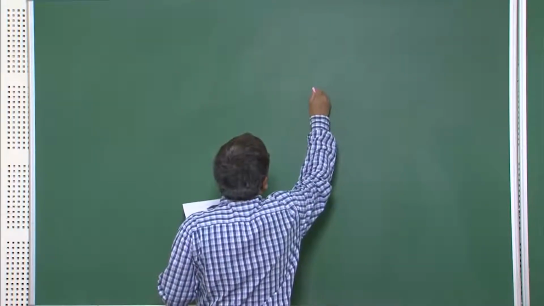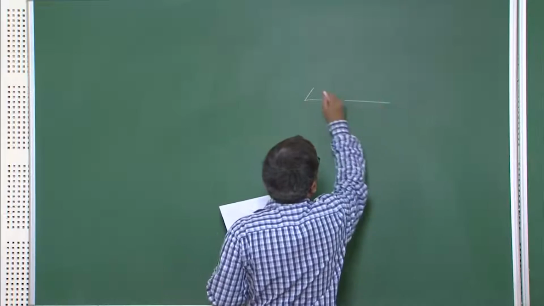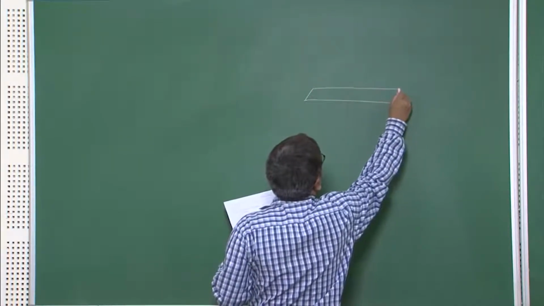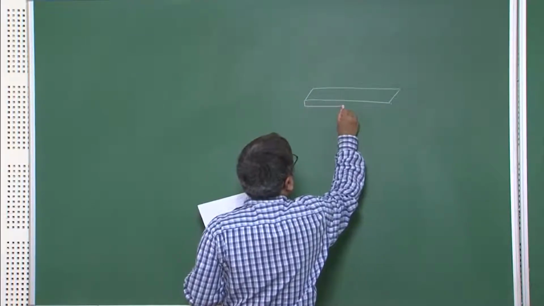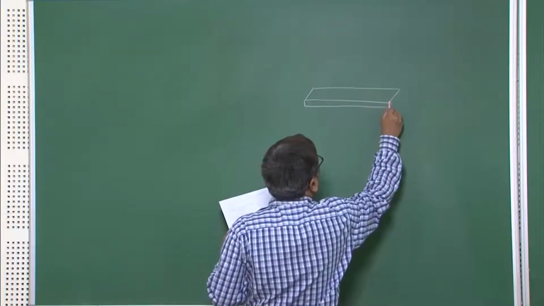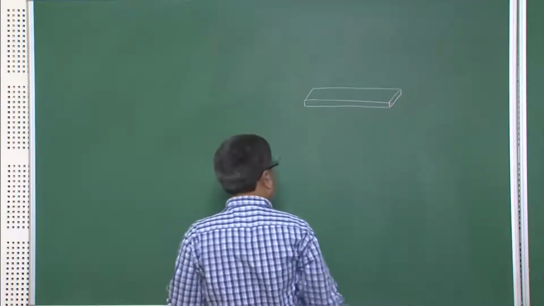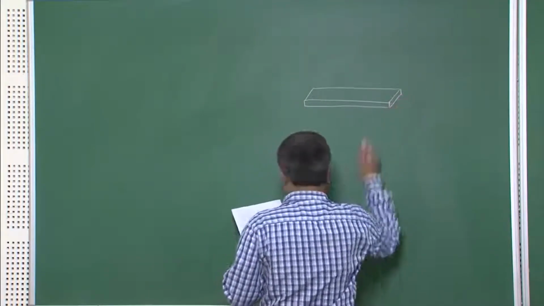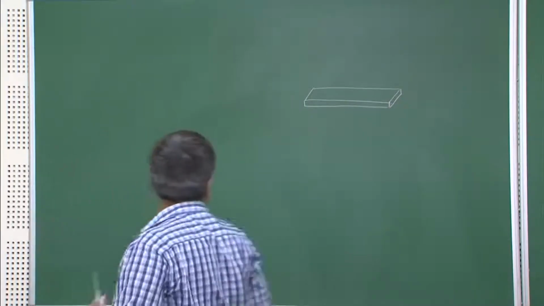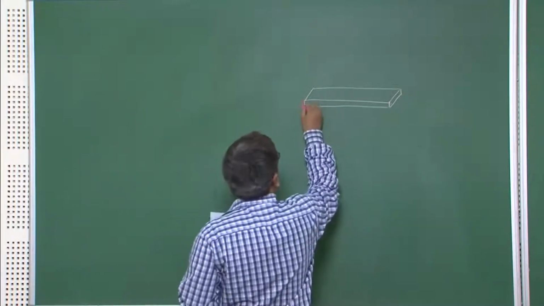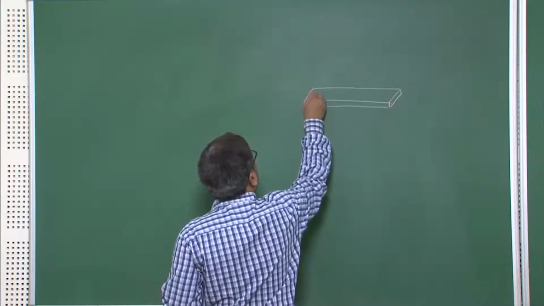We have a cantilever beam, let us say. I just draw the beam first, and let us say that the beam is of uniform thickness, although in practice it is not exactly like that. One edge is the fixed edge of the beam.